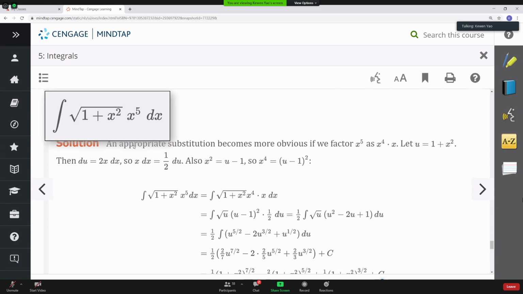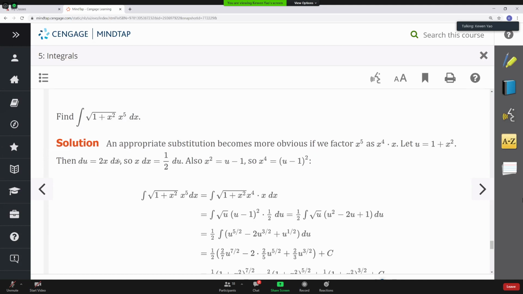How can we solve this problem? Again, you want to use the u substitution method, but you have to remember, you have to write everything in terms of u. x should not be left behind. It's very easy: u equals 1 plus x squared. Let me write it down here.